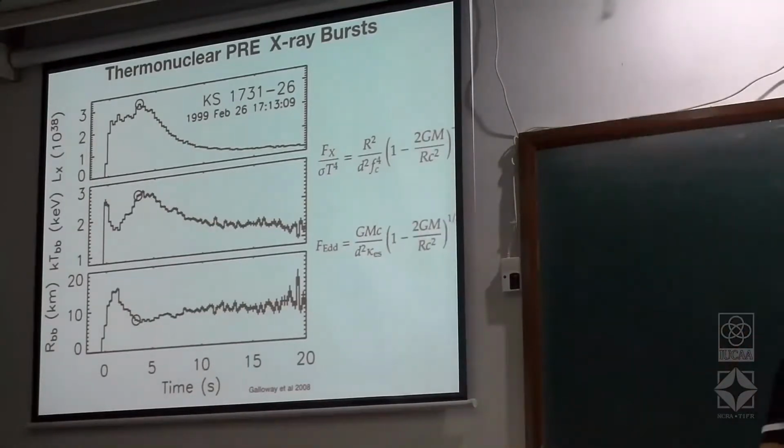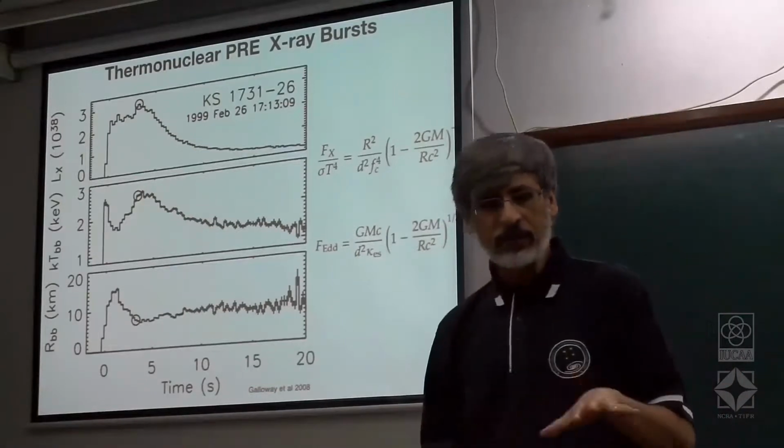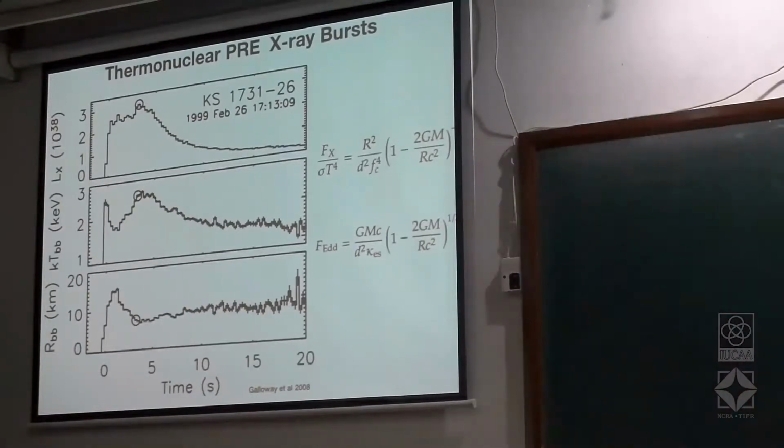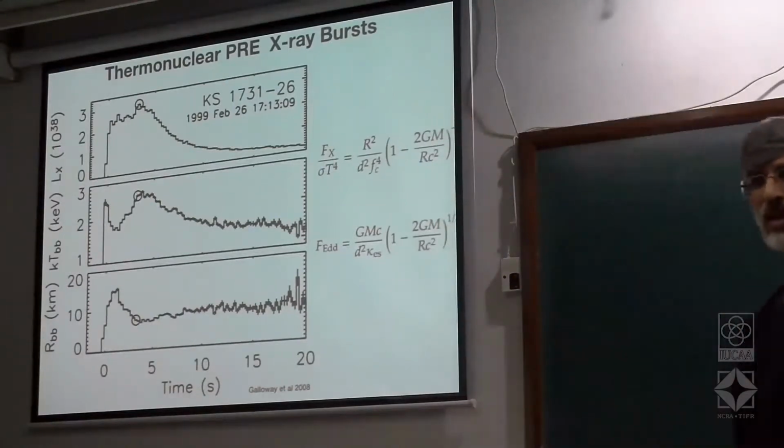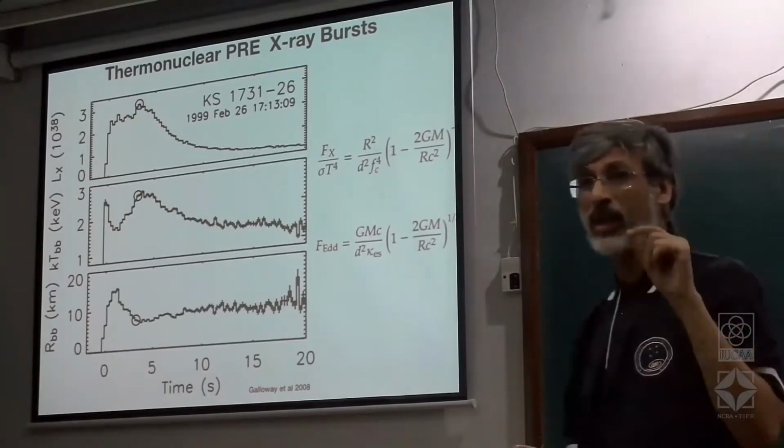And as the radius expands, you see a rise in luminosity. And once it reaches Eddington luminosity, then it lifts the surface. So therefore the maximum luminosity you reach can be identified as the Eddington luminosity at the surface. And Eddington luminosity gives you a measure of the mass of the star.